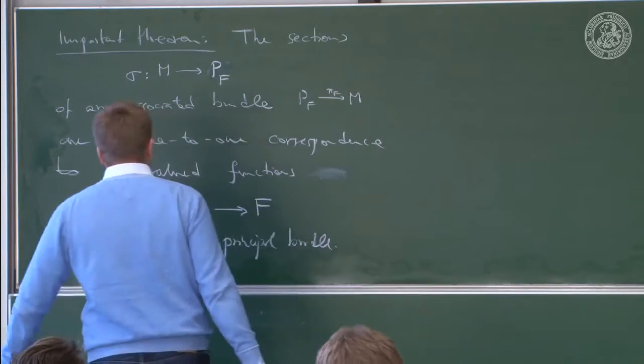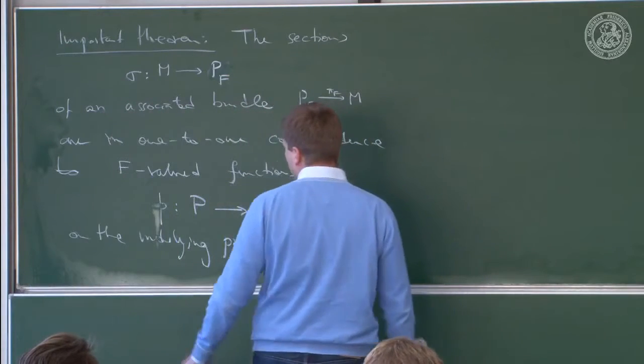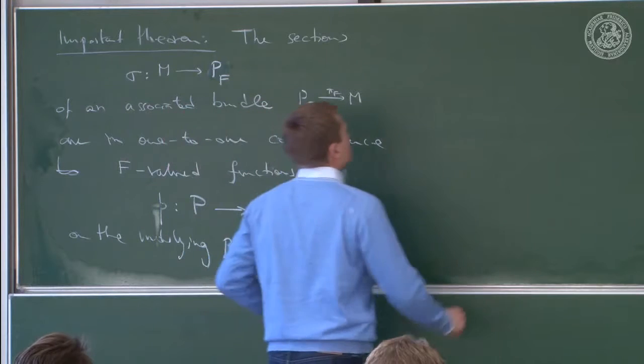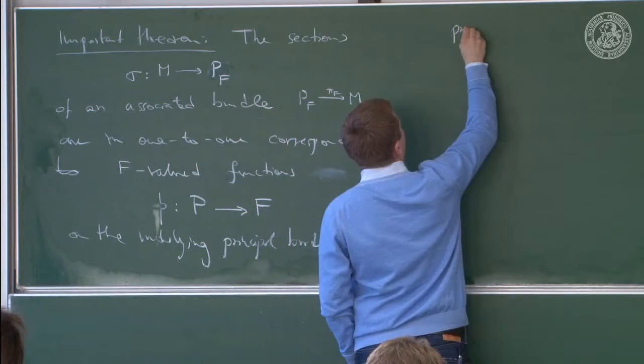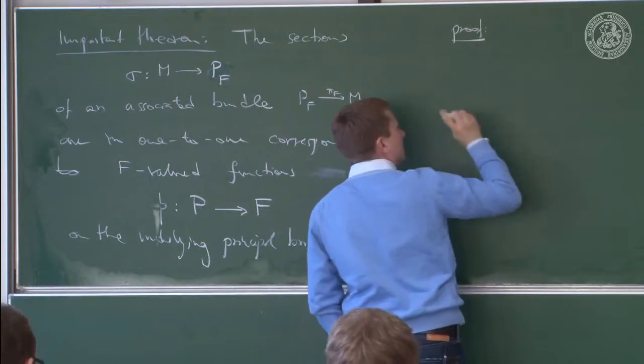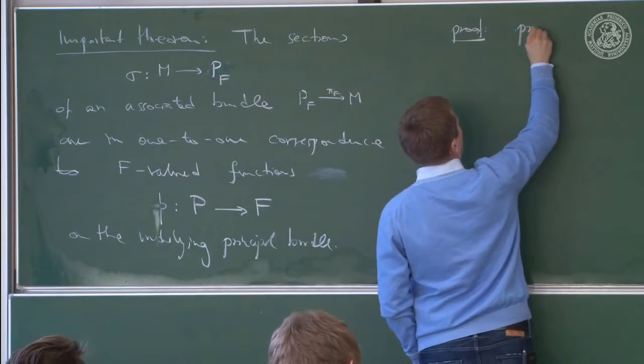Okay? And the section is then given as, so if you have this phi, proof, I also put this on the problem sheet, but I give you some hint already.